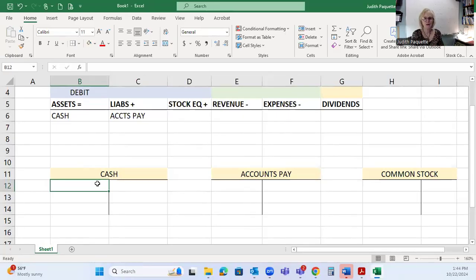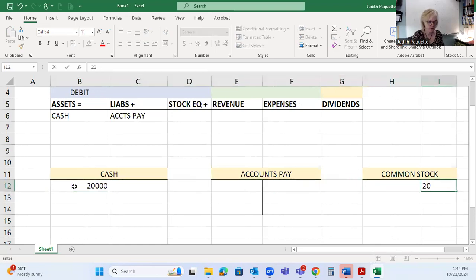The company would record getting the cash. So give me the journal entry for that. You would put 20,000 debited for cash and then 20,000 credited for common stock. Excellent. Okay. So 20,000 debit for cash and 20,000 credit for common stock.